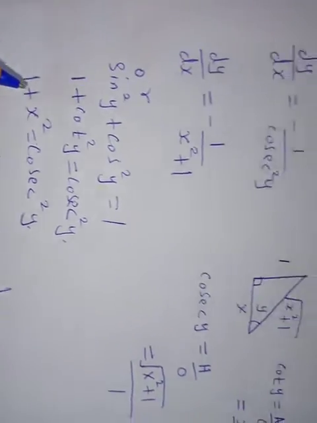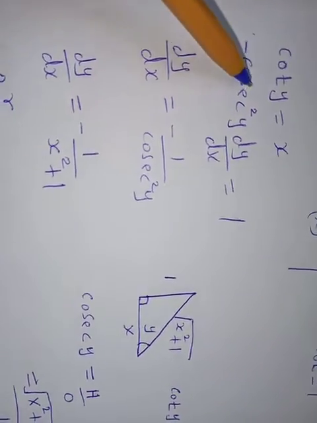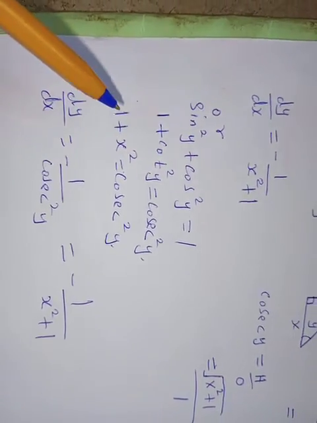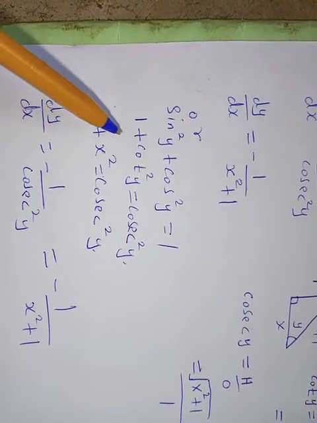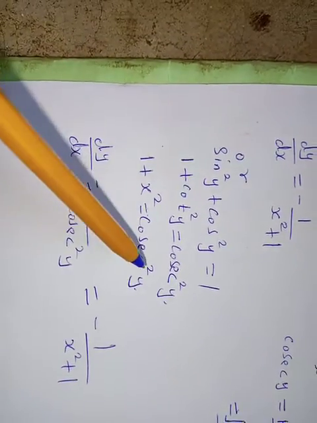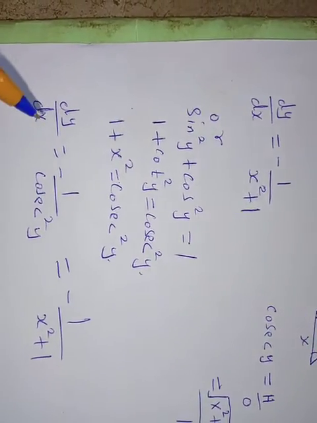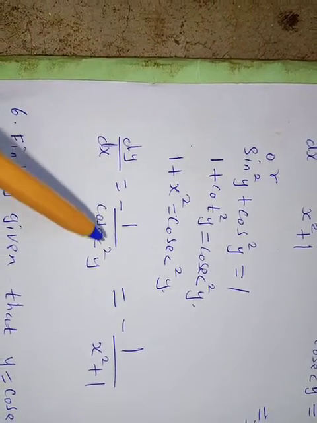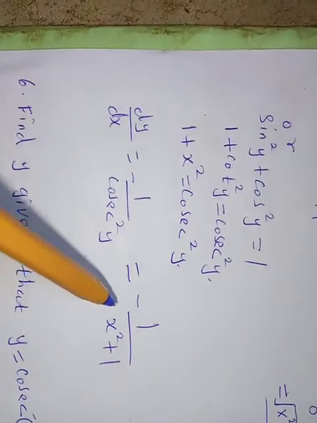Now, we know from above that cot y is equal to x. So 1 plus cot squared y, which is 1 plus x squared, is equal to cosec squared y. Substituting in this formula, dy over dx is equal to negative 1 over cosec squared y, which is equal to negative 1 over x squared plus 1.